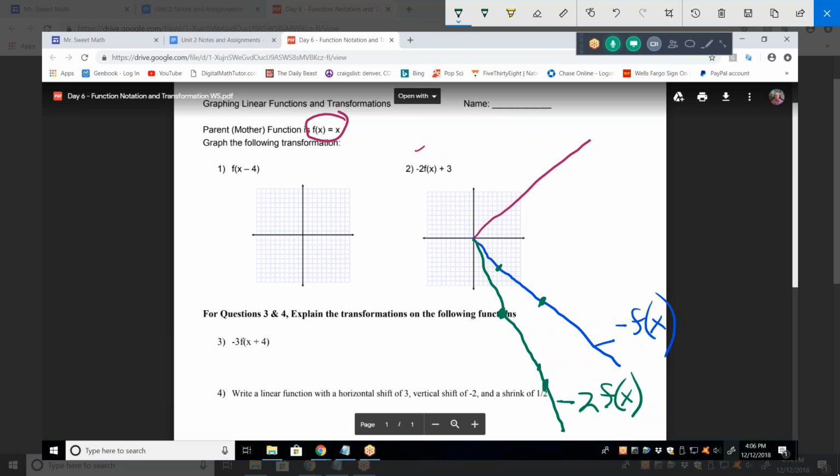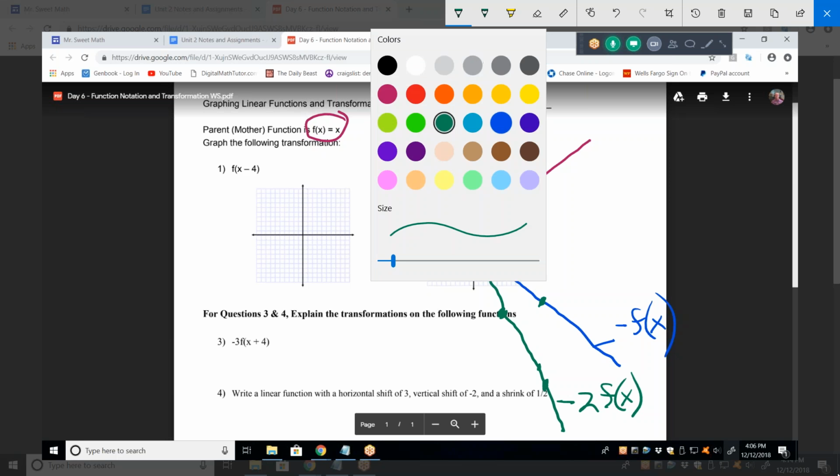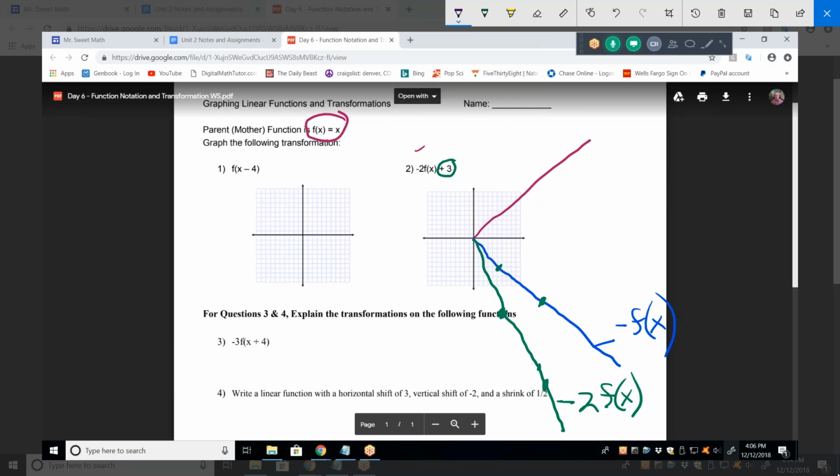And then we have one more transformation. Is that vertical or horizontal? Vertical. Correct. All three of them are vertical. This is a shift. This is a lot like the horizontal shift, 4 units to the right.